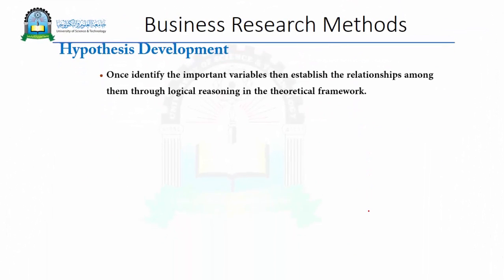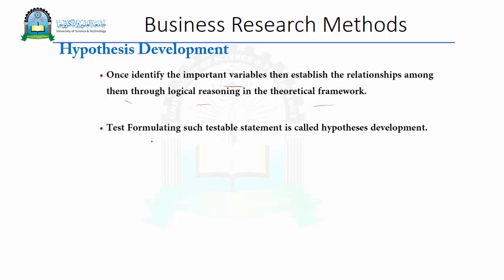How do we develop the hypothesis? Once identifying the important variables, then establish the relationship among them through logical reasoning in a theoretical framework. Formulating such testable statements is called hypothesis development.